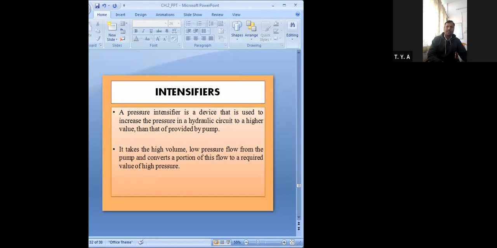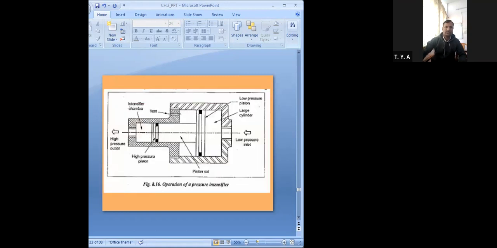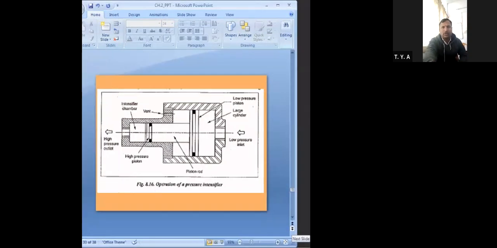Now let us go for the construction and working of the intensifier. This is a figure of the operation of a pressure intensifier.